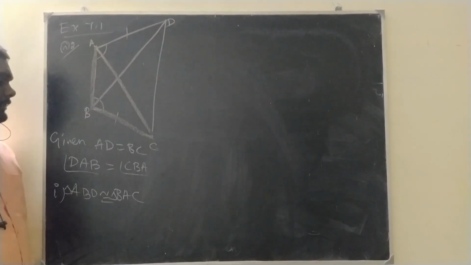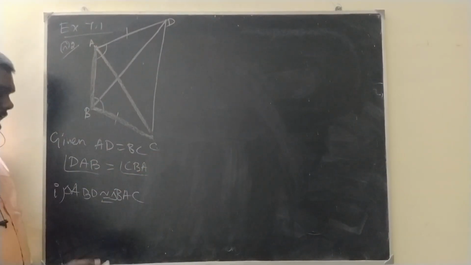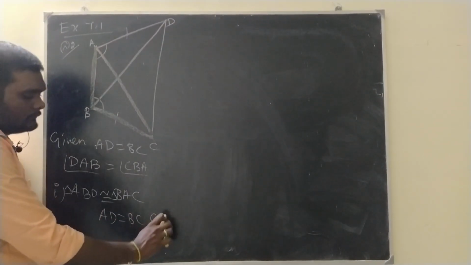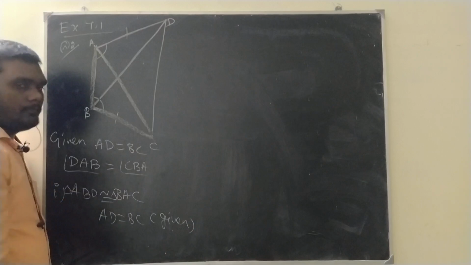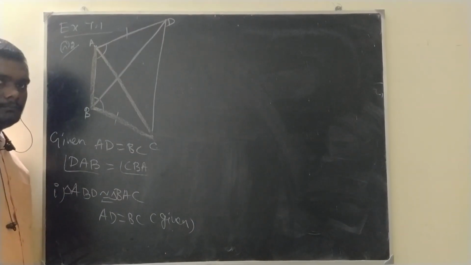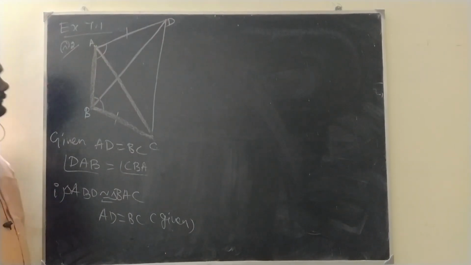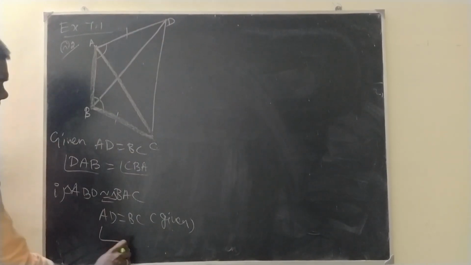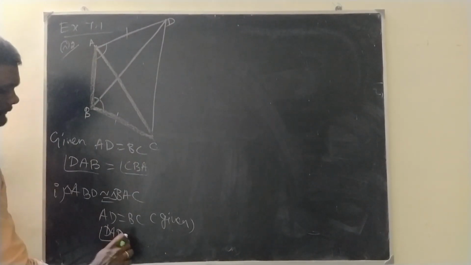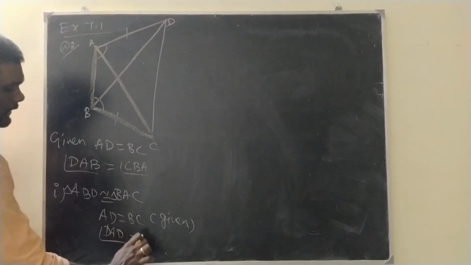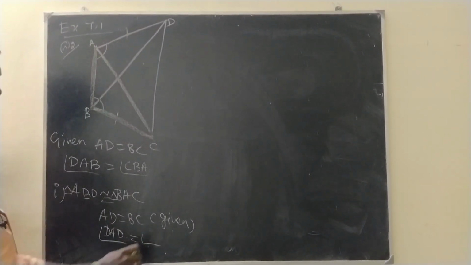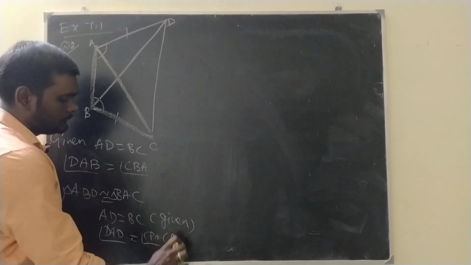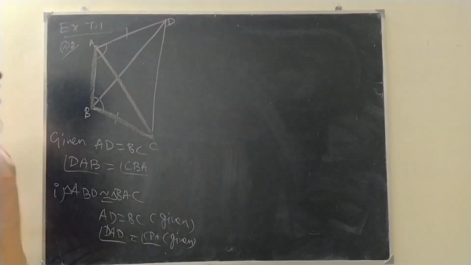List out what are all the common things. Obviously, AD is equal to BC. That is given. And this angle DAB is equal to angle CBA. That is also given.